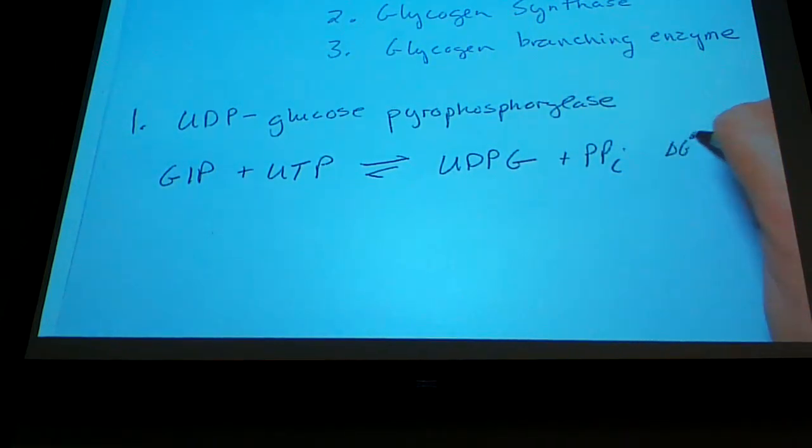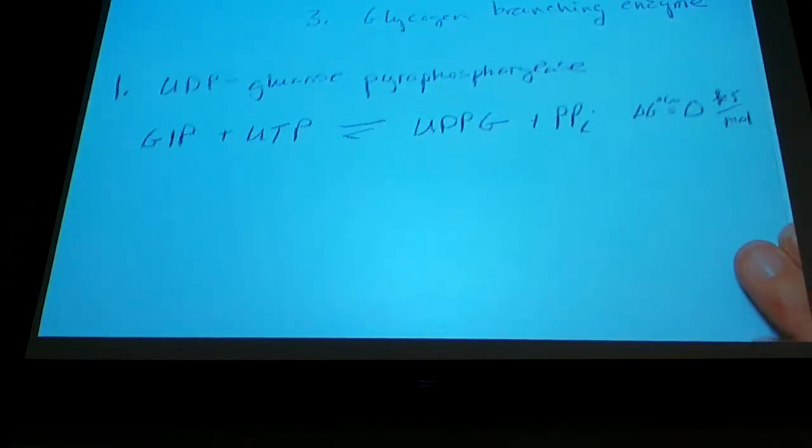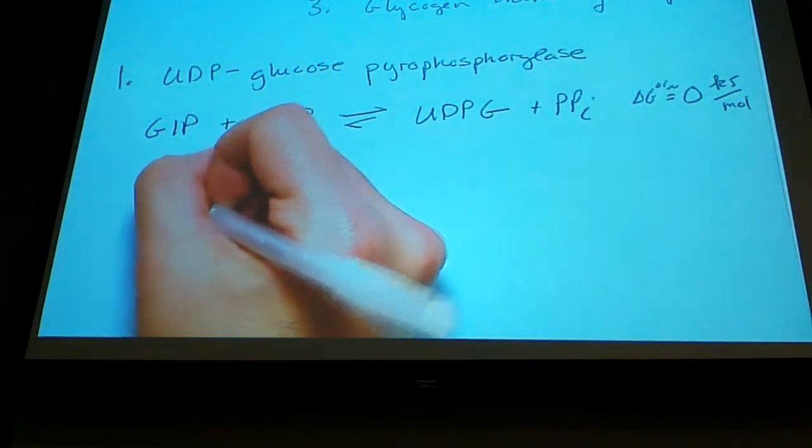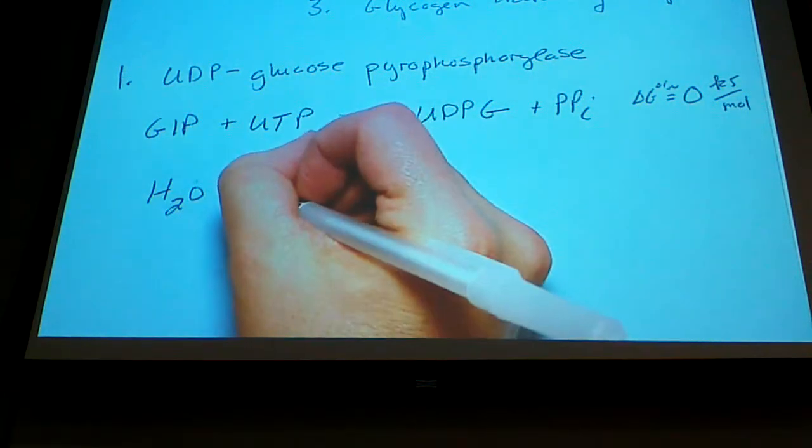And the standard free energy change on that is approximately 0. That is an equilibrium process. But if we want to synthesize glycogen, we're going to figure out a way to pull it forward. And so that's actually done by hydrolysis of the pyrophosphate.